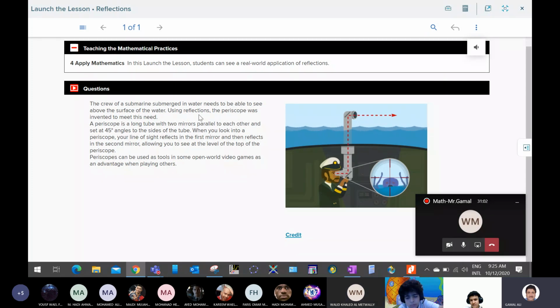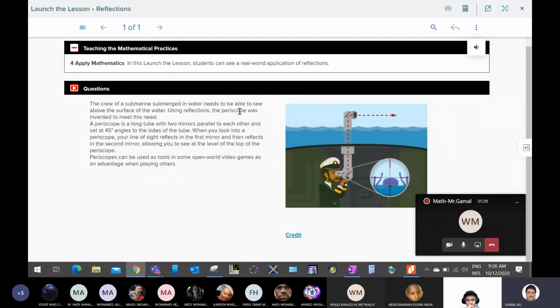Using reflection. I think you can see the reflection by using the mobile. If you are using the front camera or the back camera, sometimes you see the pictures are flipped. Am I correct or not? Yes. The right is left and the left is right.